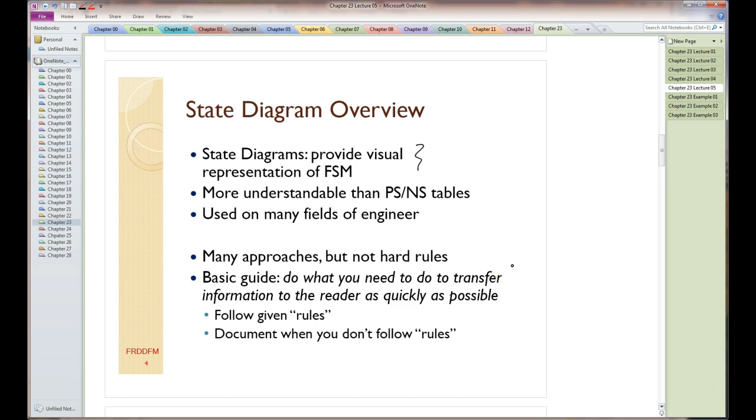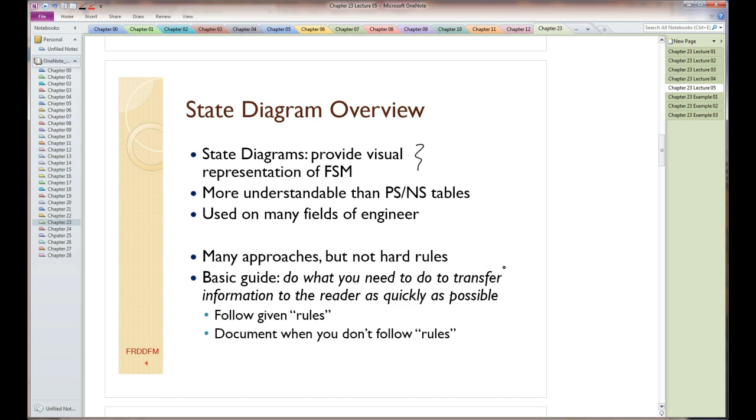State diagrams are a visual representation of the state machine, much better than staring at PSNS tables. State diagrams are used in many fields of engineering and computer science as well. There are many approaches to drawing state diagrams. I choose one approach and I stick to it.